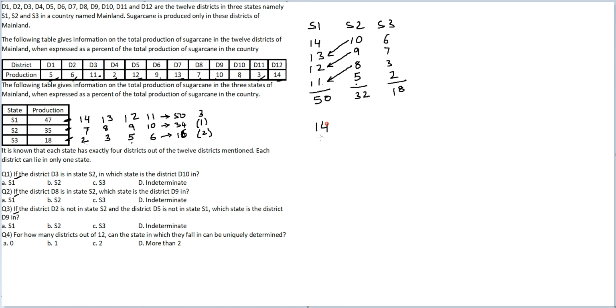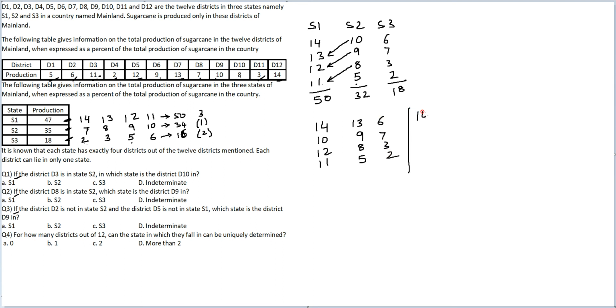I have 14, 10, 12, 11, 13 would go here, 13, 9, 8, 5, and 6, 7, 3, 2 remains constant.